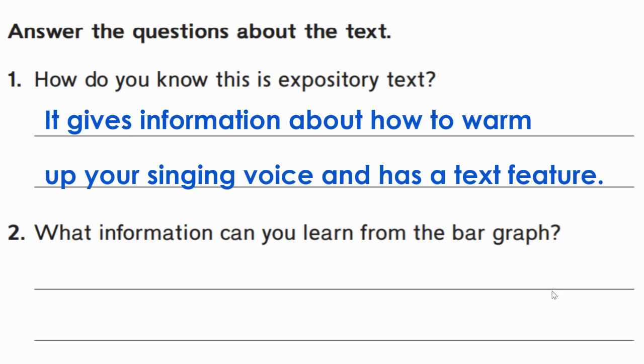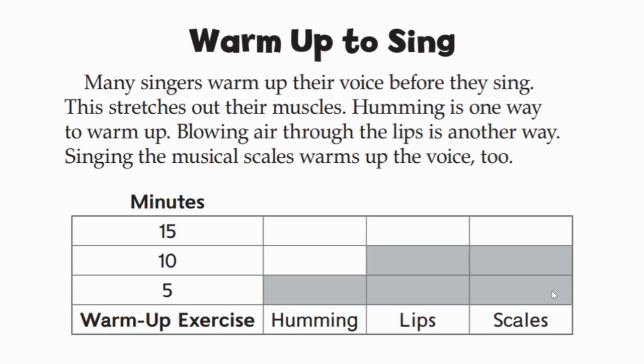Number 2 asks, what information can you learn from the bar graph? Let's take a look at our bar graph. Again, like I said before, it labels the 3 different warm-up exercises: humming, lips, and scales, and then shows for how many minutes you would practice that exercise or activity.